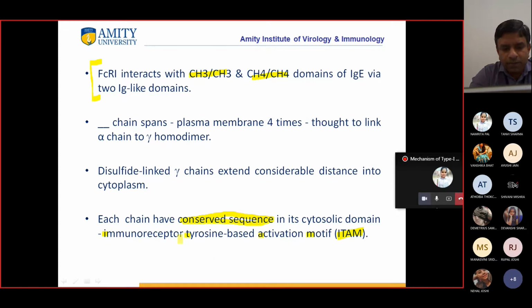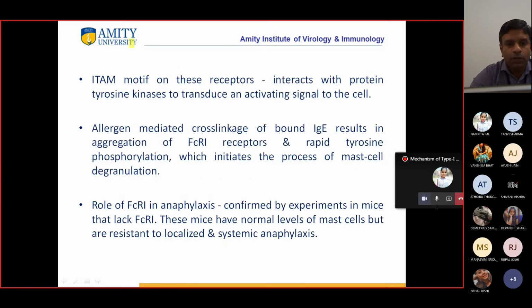So this is the point where the signaling will start, because when the whole signaling happens, it will lead to degranulation, right? So the ITAM motif on these receptors interacts with protein tyrosine kinase. Okay, so you have these ITAM motifs. What will bind on this?